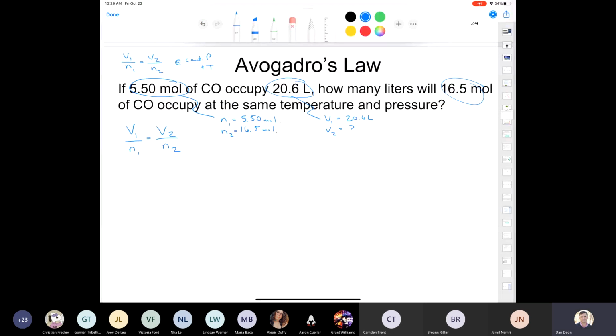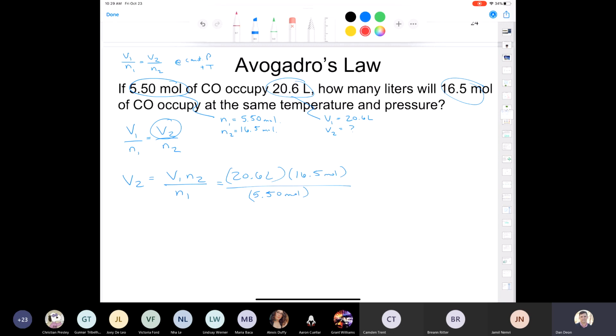Let's solve for V2. If we rearrange this equation for V2, we get V2 is equal to V1 times N2 over N1. Let's plug in some numbers. We have 20.6 liters multiplied by our final number of moles, 16.5, then we're going to divide that by our initial number, which is 5.50 moles.